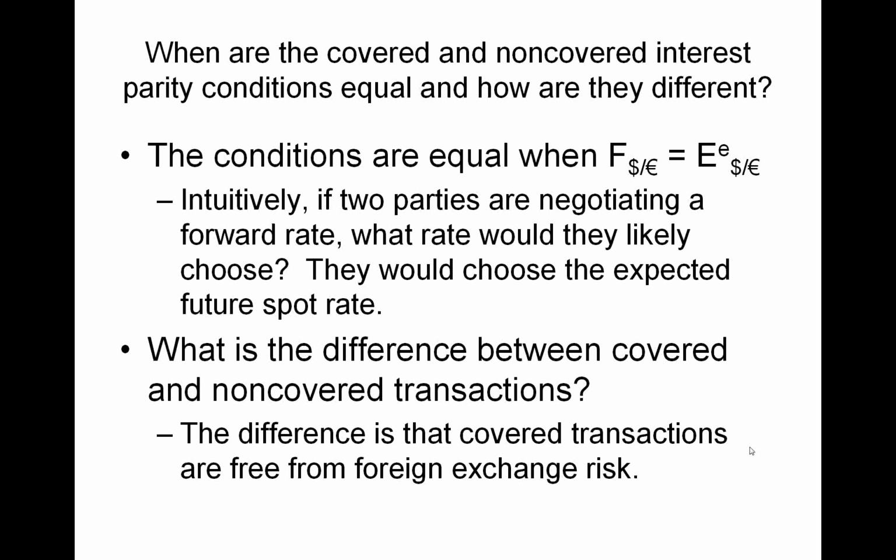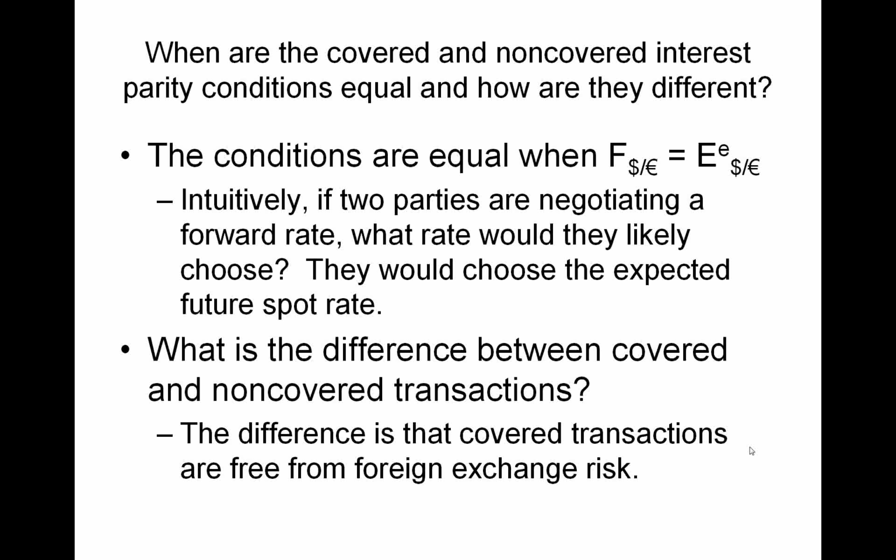So when are the covered and non-covered interest parity conditions equal, and how are they different? The conditions are equal when the forward exchange rate is equal to the expected exchange rate, or the expected spot rate in a year's time. So intuitively, if two parties are negotiating a forward rate, what is the rate that they're likely to choose? They would choose the expected future spot rate. So if that's the case, if the forward rate equals the expected spot rate, what is the difference between the covered and non-covered transactions?